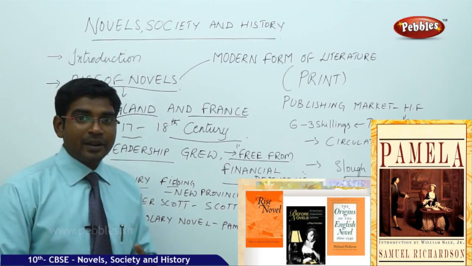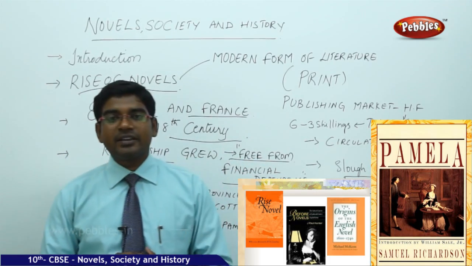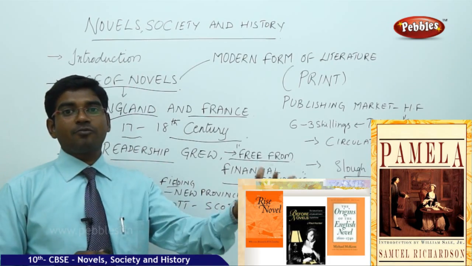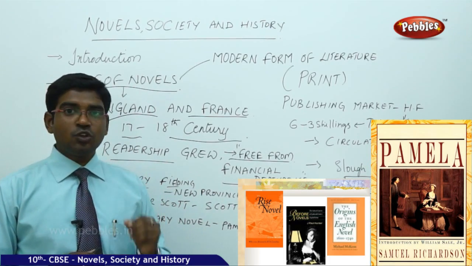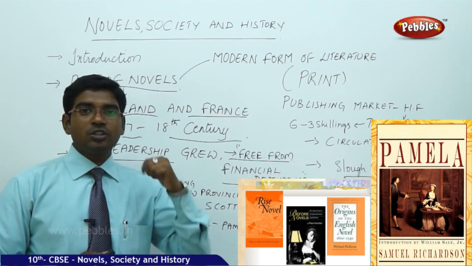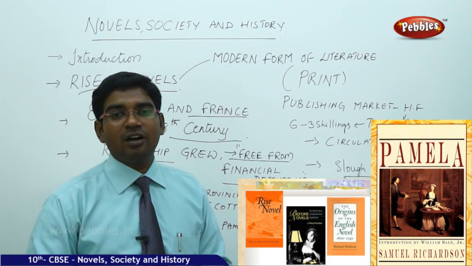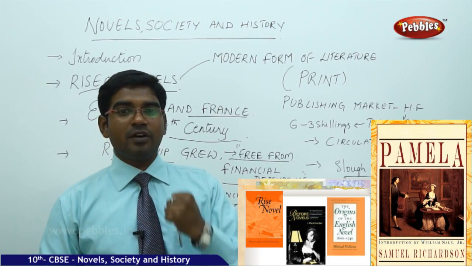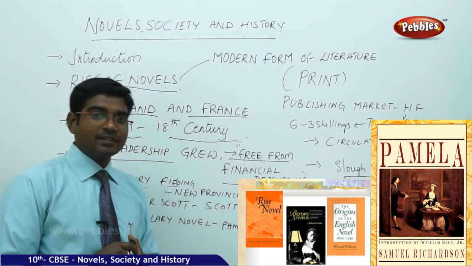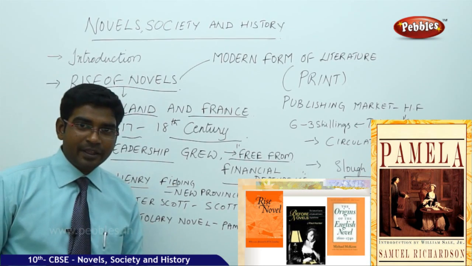Libraries and publishers started to understand that if they hired out a book, more of the public would come into the library, and they could earn on an hourly basis too. So books were attracting people to the library. That increased the importance of authors economically and in societal aspects. That is the meaning of being free from financial dependence.